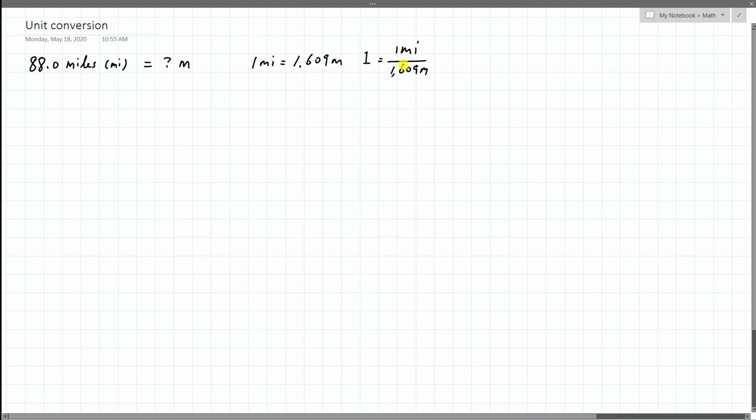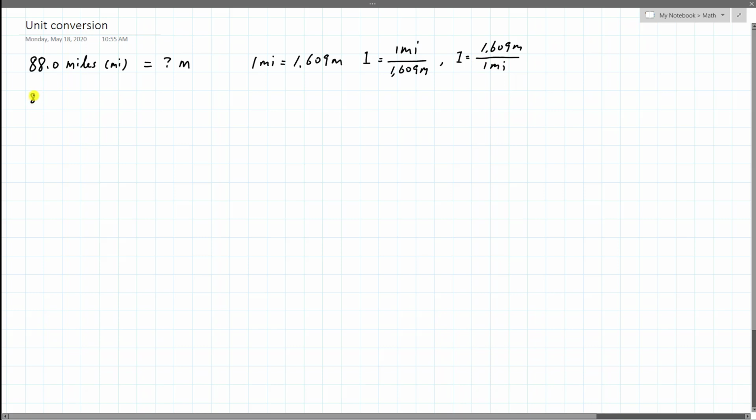That's the conversion. And I can also get another one if I do 1609 meters divided by 1 mile. That's the same, right? You have a 1, you invert that, you still have a 1. But this is pretty significant. In some textbooks, it is called the power of 1. So let's use the power of 1.